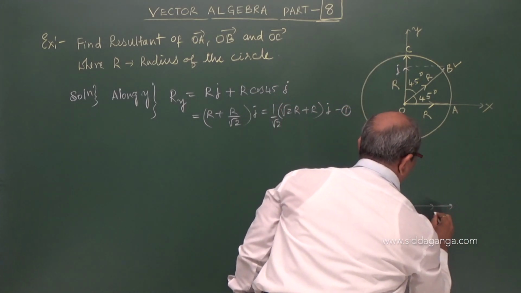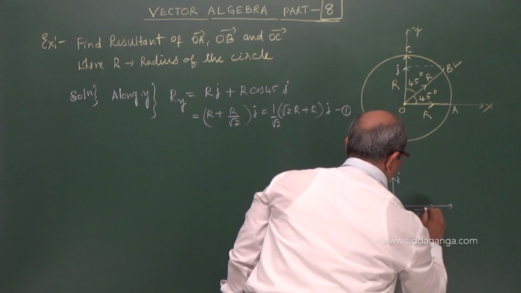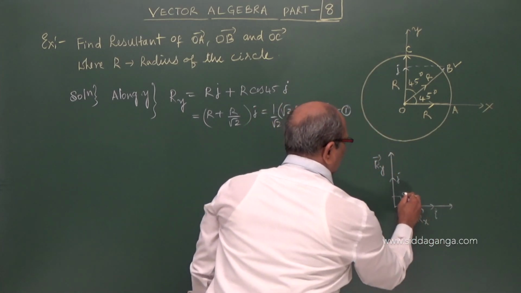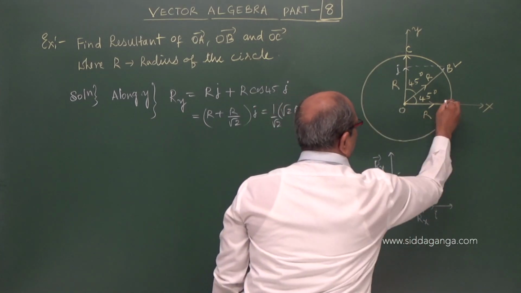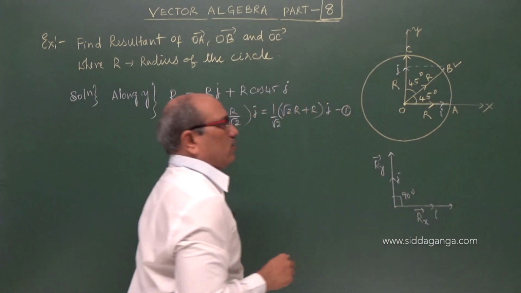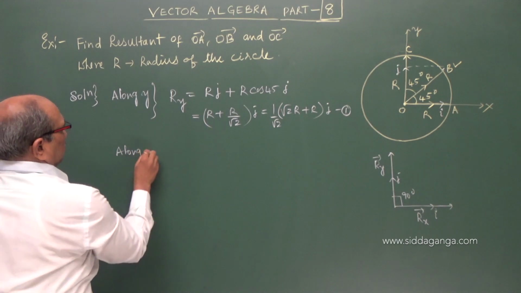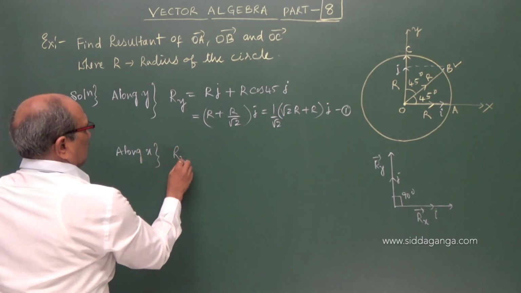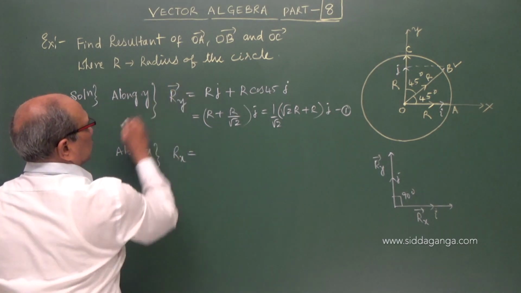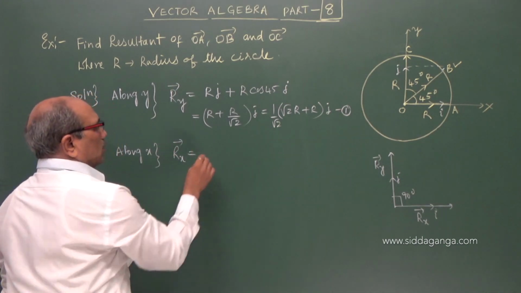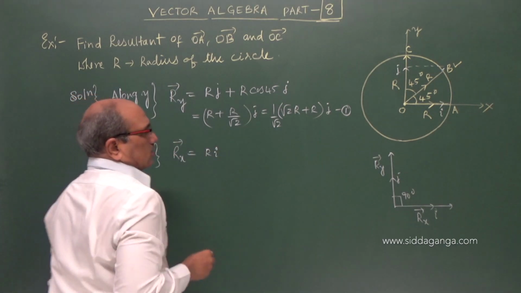Similarly, I get the Rx vector along i, perpendicular to the other. Along X, Ri is as it is.